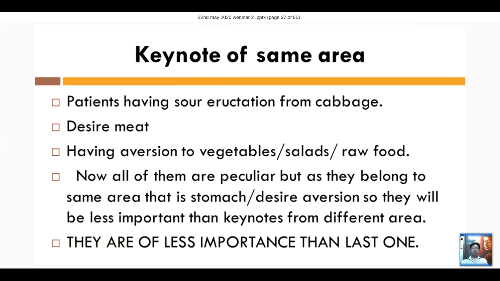Suppose the patient has keynotes from the same area, like GIT: desire for meat, sour eructations from cabbage, and aversion to vegetables, salads and raw foods. Now all of them are peculiar and strong, but they belong to the same area, that is stomach desires and aversions. So they will be of less importance than keynotes of different areas. This is what we have to understand.